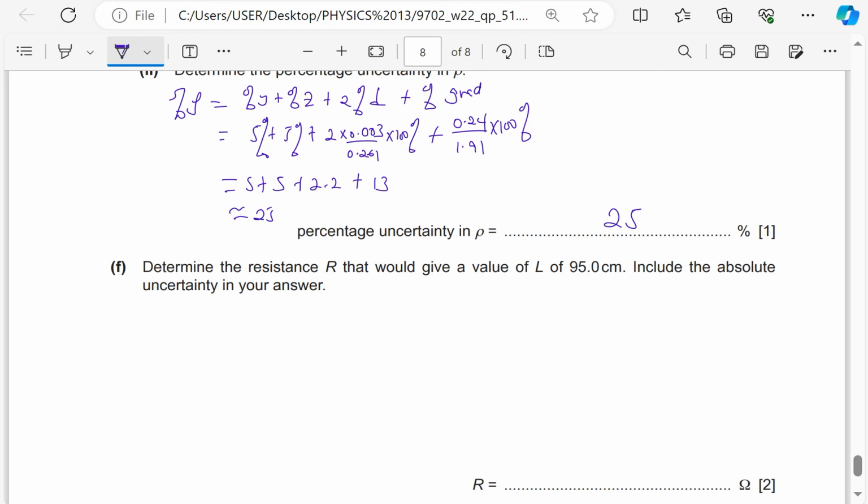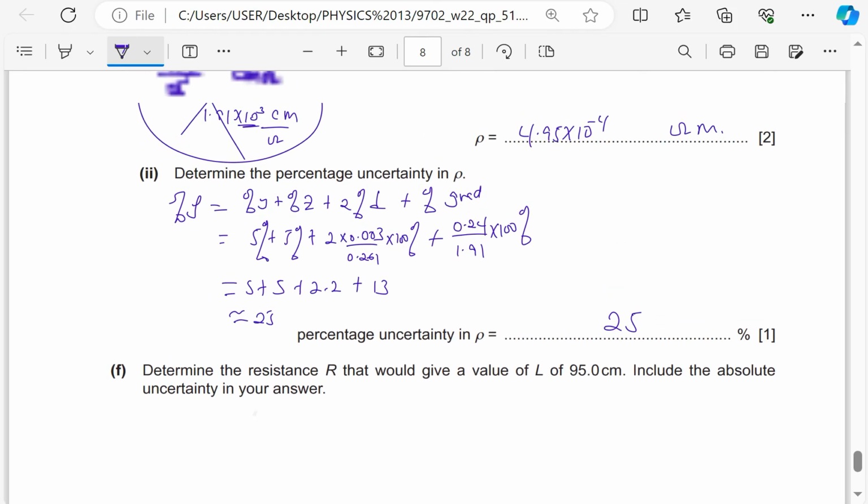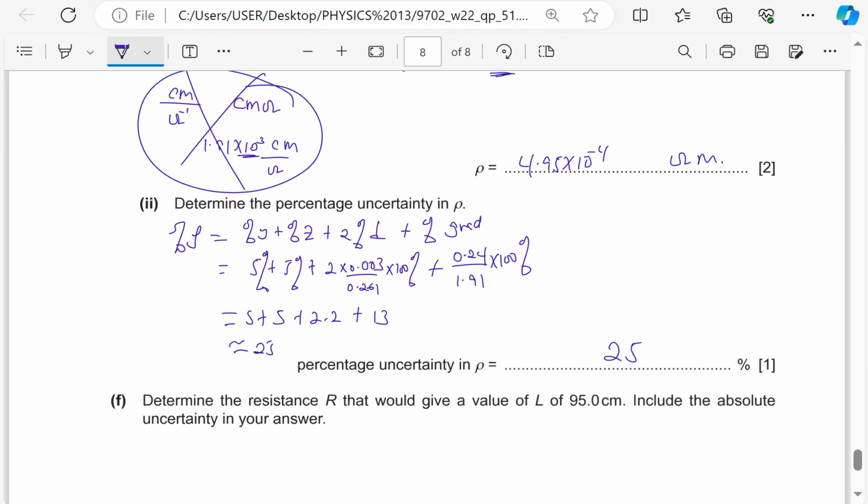Then determine the resistance R that would give a value of L. Oh, by the way, if you're very poor at finding uncertainties, you can find this rho for the best fit. We already have it up there. You find rho for the worst fit using the worst fit values, that means you put the worst gradient. Then you find the absolute in rho by subtracting rho worst fit minus rho best fit, or the other way around, followed by plus or minus.